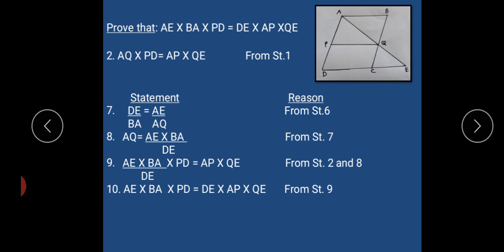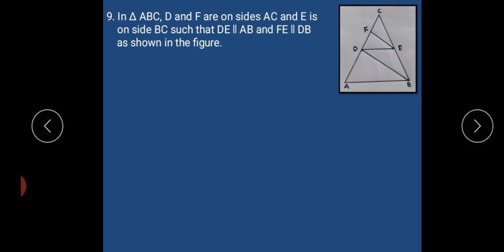Little bit difficult, but not very difficult that you will not be able to solve. Let's go to the next one. Next one is a rider from board paper of 2020. This year's board paper.